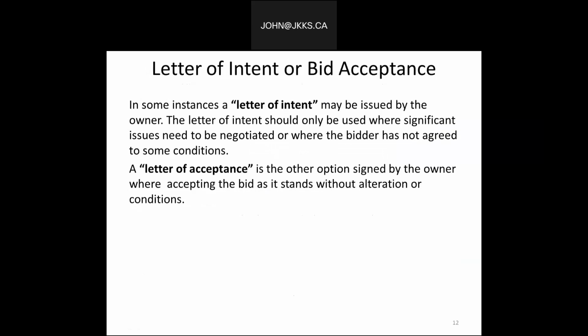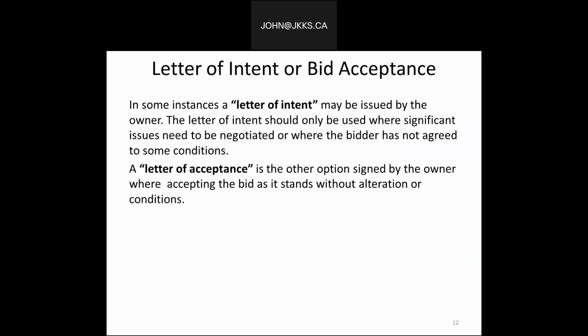Next, we can deal with the letter of intent. When we talk about the letter of intent, we're starting to talk about the decision to go with one of the bidders as the successful contractor. So in some instances, a letter of intent may be issued by the owner. The letter of intent should only be used where significant issues need to be negotiated or where the bidder has not agreed to some conditions.